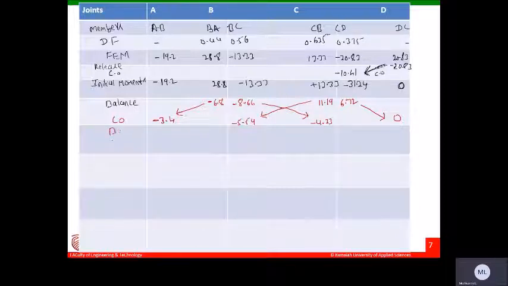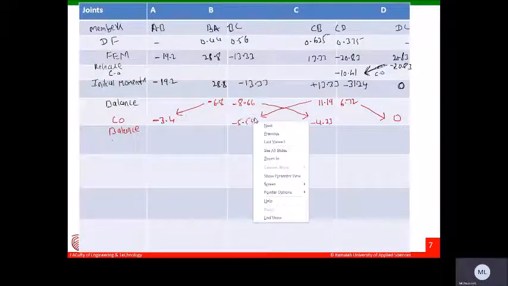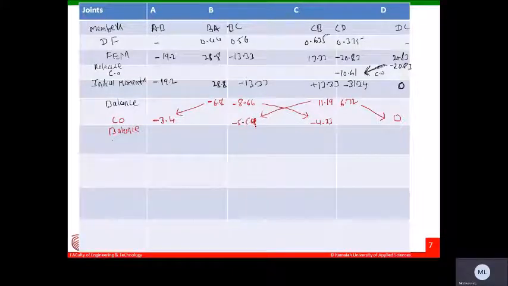Once again I need to do the balance. What is the summation of movement at joint B, the intermediate support? It is minus 5.59. So this is the summation of the movement at that point.